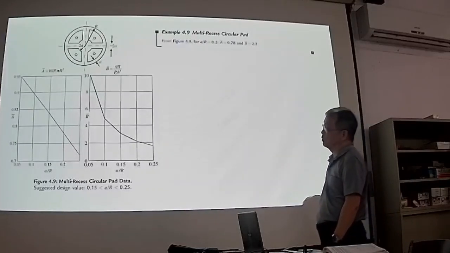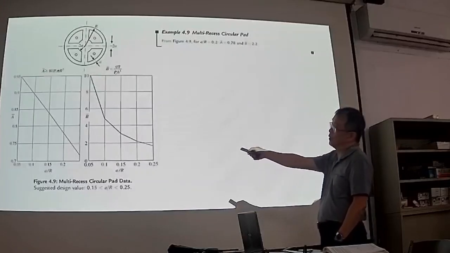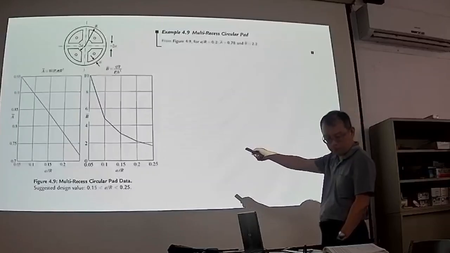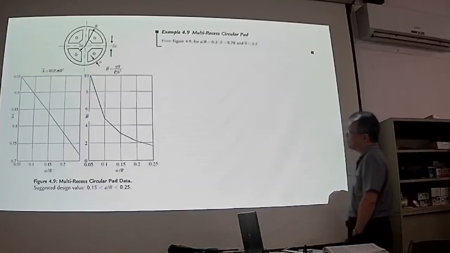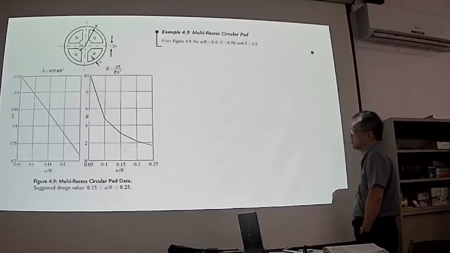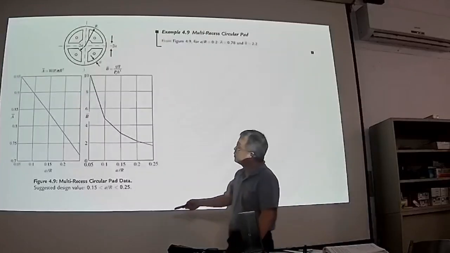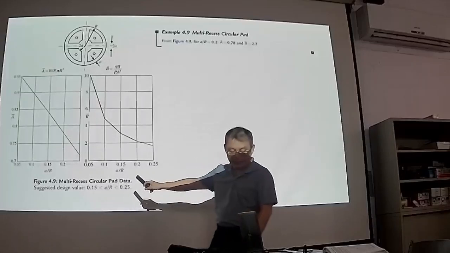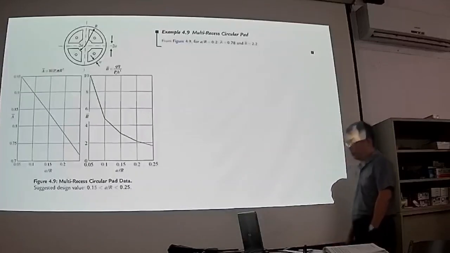And we have the A bar area shape factor and also the B bar flow shape factor for the design. So we have a design chart for the land divided by the radius R, between 0.15 to 0.25.